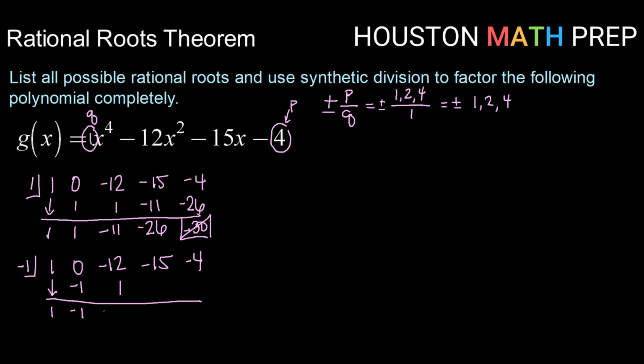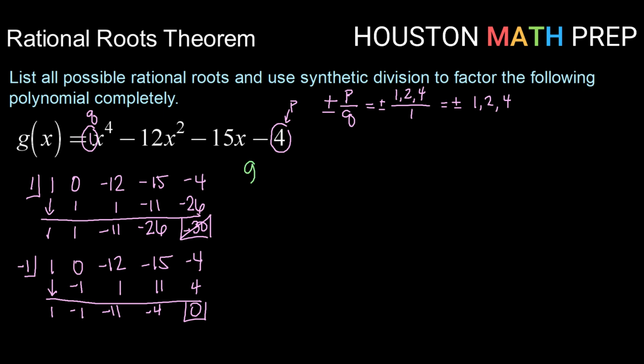Negative 12 plus 1 is negative 11. Negative 1 times negative 11 is positive 11. Negative 15 plus 11 is negative 4. And negative 1 times negative 4 is positive 4. So I get a remainder of 0. That tells me that g of x does have negative 1 as one of its roots.